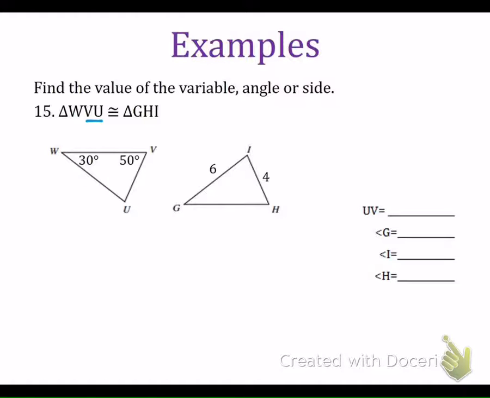All right, so we are looking for the length of UV. So third letter, second letter should match with third letter, second letter. So IH or HI, good, is 4. All right, G should match up with which one? W, so 30 degrees.